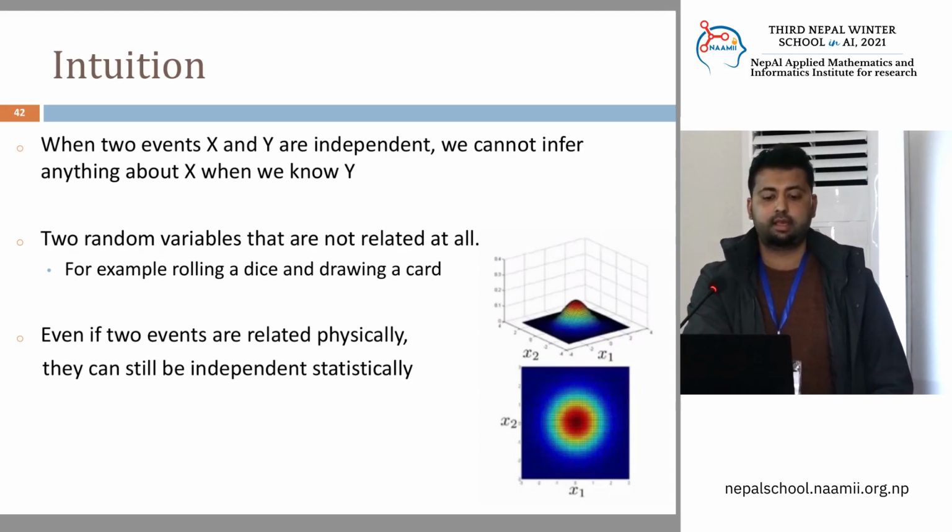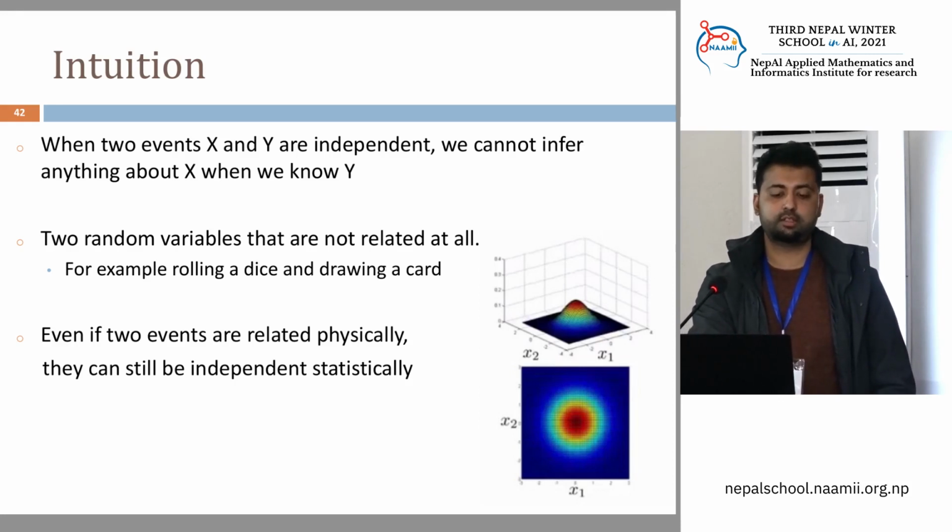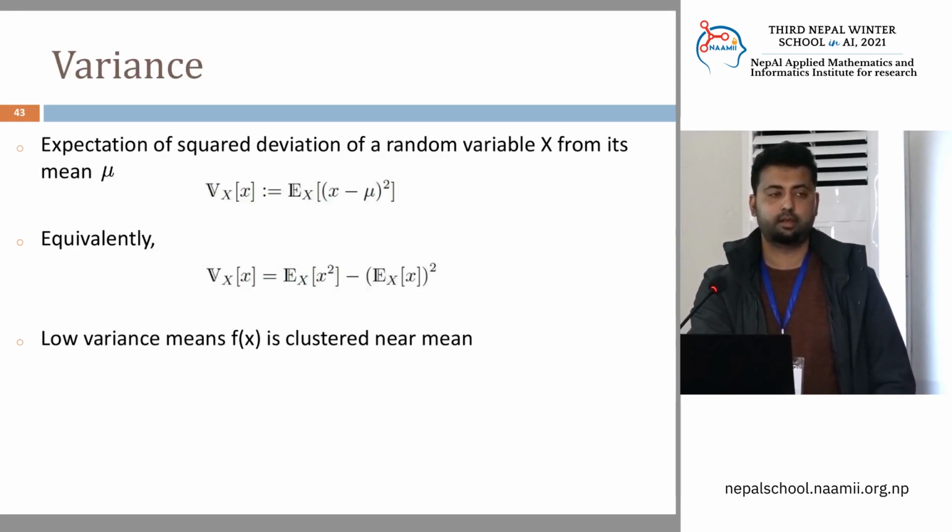So if you have x and y, and let's say you have continuous random variables with joint density p of x comma y, then the two random variables x and y are independent if the joint distribution is a product of the marginals. So if you can write p of x comma y equal to p of x times p of y.